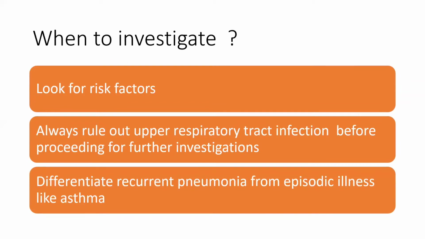It is also very important to differentiate between recurrent pneumonia and episodic illnesses like asthma, because an asthmatic child can also present like a bronchopneumonia and will be treated for recurrent episodes. So it is always important to differentiate recurrent pneumonia from episodic illnesses like asthma.